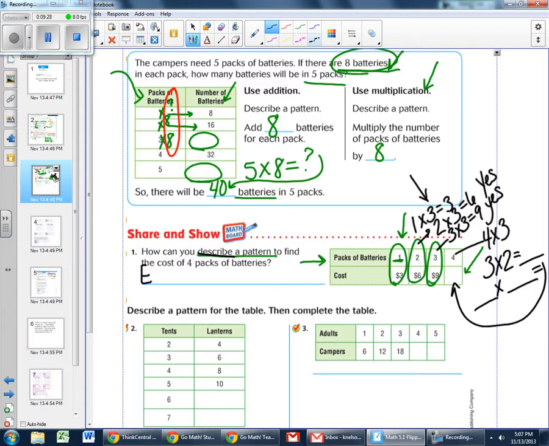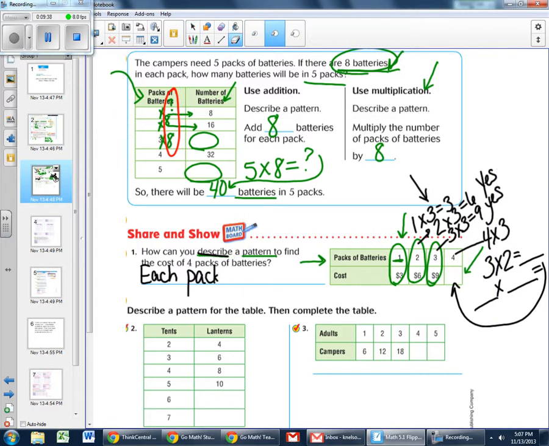So I need to multiply times that $3. Hopefully yours will look a little bit nicer than mine. Okay, if you need time to fill it in, go to the bottom of the screen and press pause.